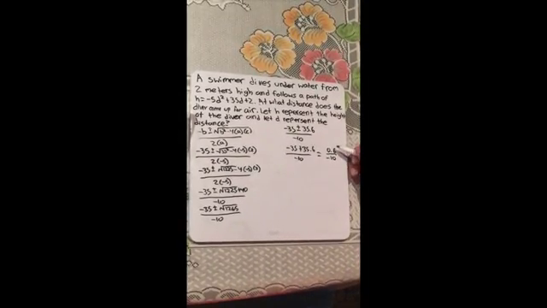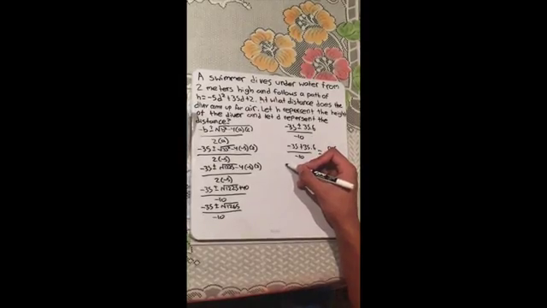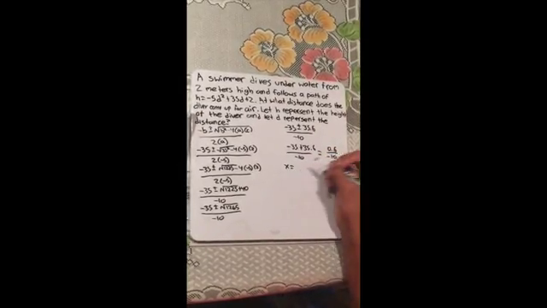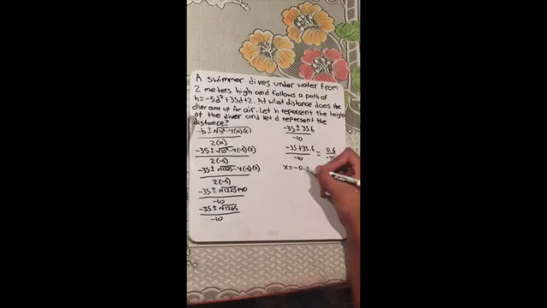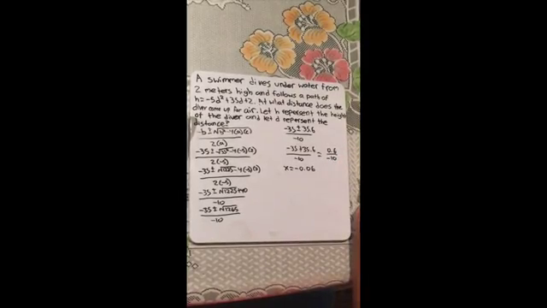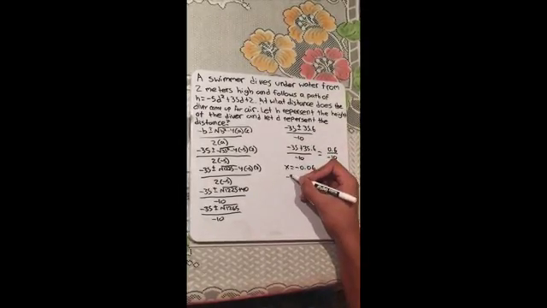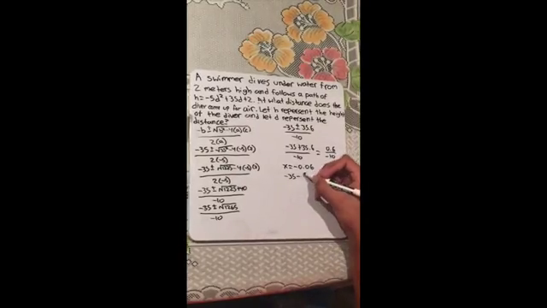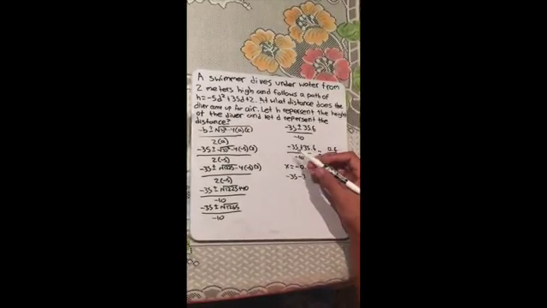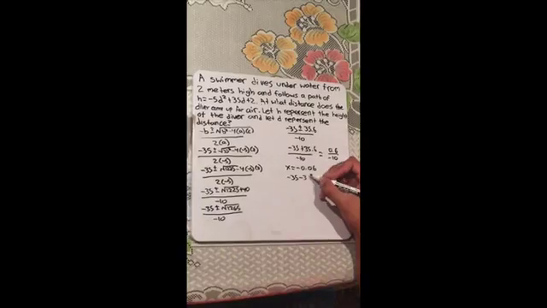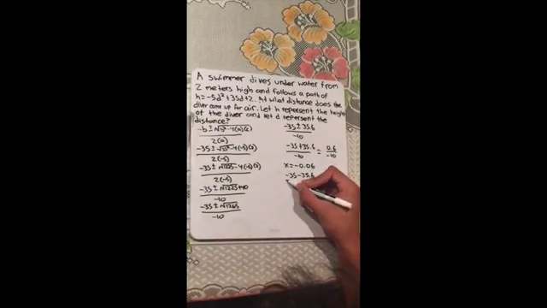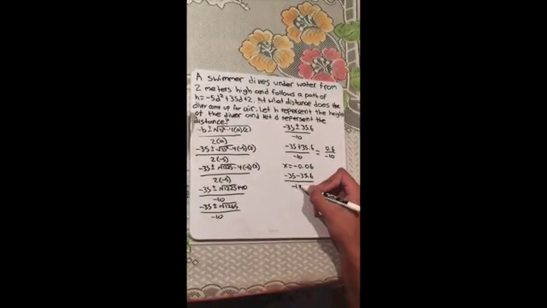When you divide 0.6 by negative 10, you get the x-intercept of negative 0.06. And now we're going to be subtracting, so we're going to do negative 35 subtracted by 35.6, and we're going to divide that by negative 10.